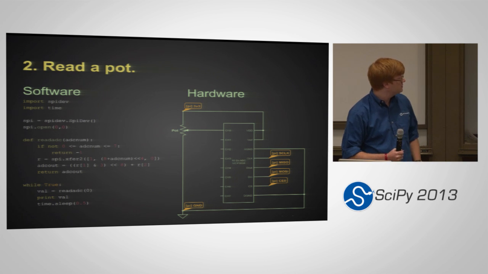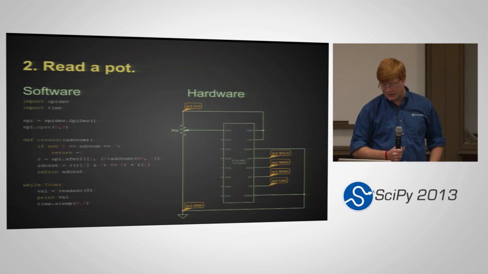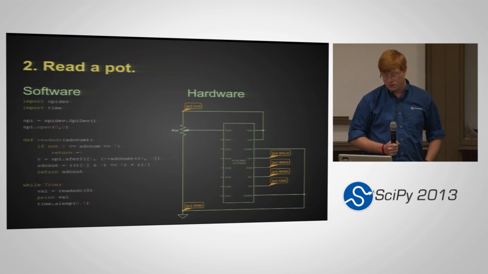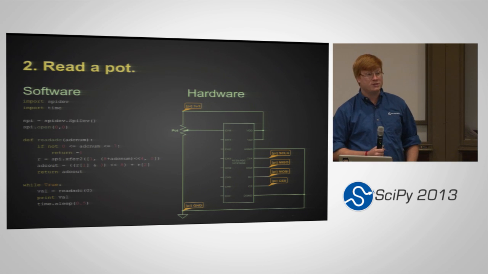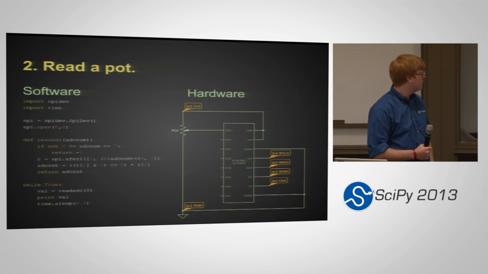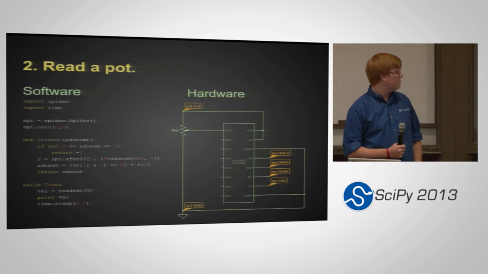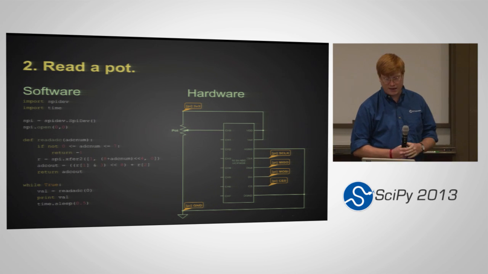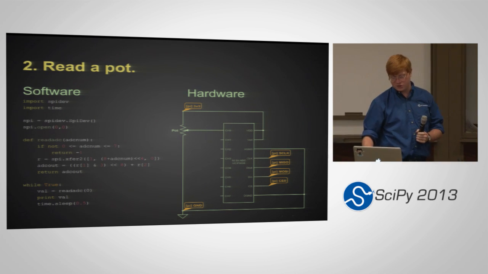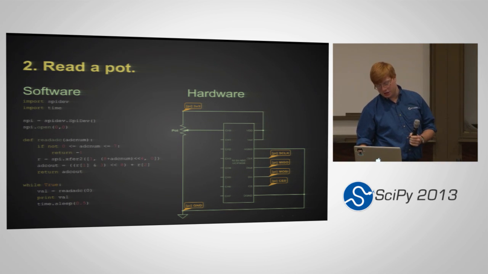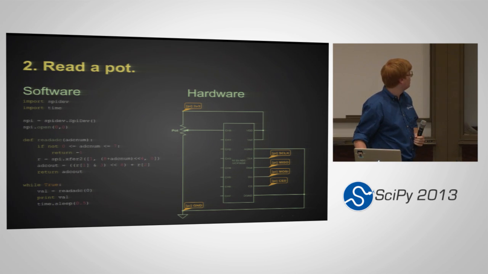And that chip in the middle is the MCP3008. You've got to connect a few wires to it so the Pi knows how to communicate with it. The master out, slave in, and the master in, slave out are the two communication lines. Then there's a clock line as well. And that's the code on the left.